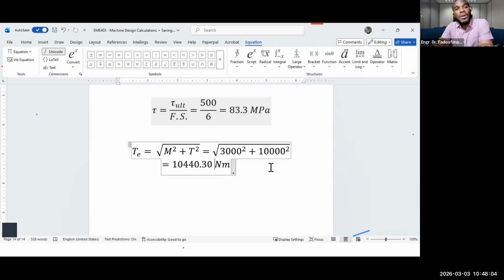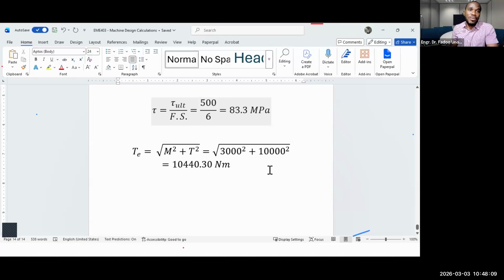Now I will want this in Newton millimeters. Anyway, let's get to my calculation.